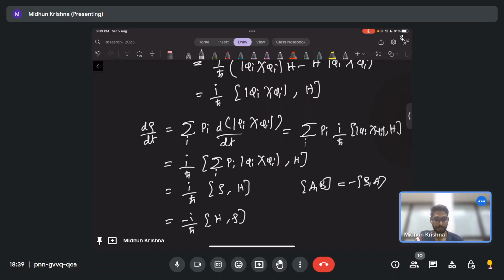Okay. So this is how, if I have a state described by the density matrix rho, and it's evolving, so there's no dissipation or anything, it's still a closed system, this is how the time evolution of rho looks. Is that fine?